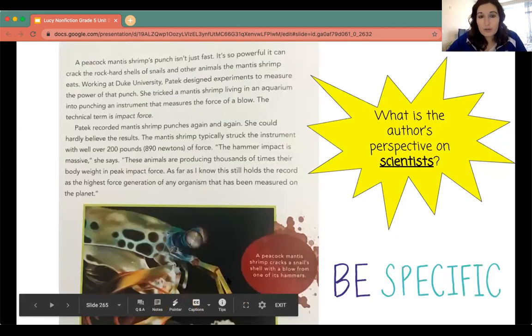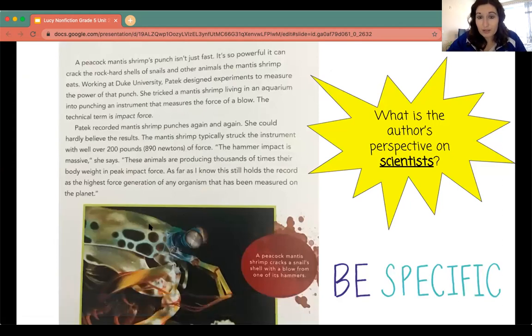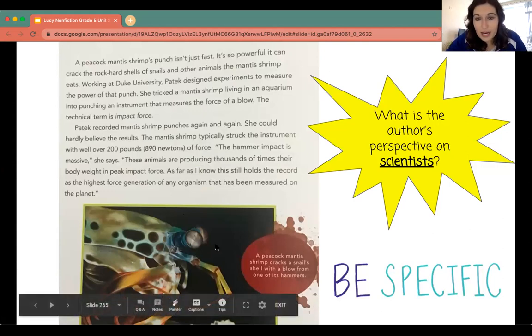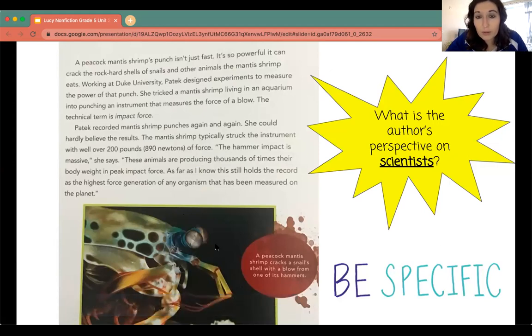This passage is going to be talking about a peacock mantis shrimp. In the picture, a peacock mantis shrimp cracks a snail's shell with a blow from one of its hammers. Wow. So, again, think of this question as we are reading.